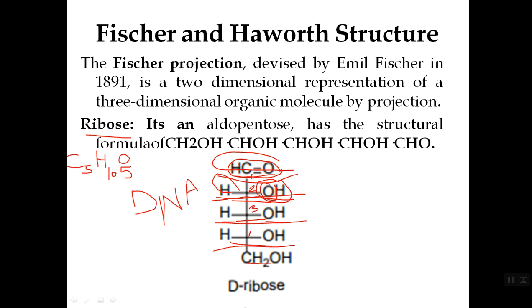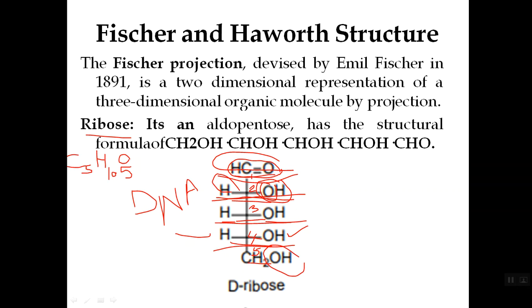And at C4 carbon atom we have again OH at right side and H at left side. At C5 carbon atom you have two hydrogen atoms and one hydroxyl group, that is CH2OH.